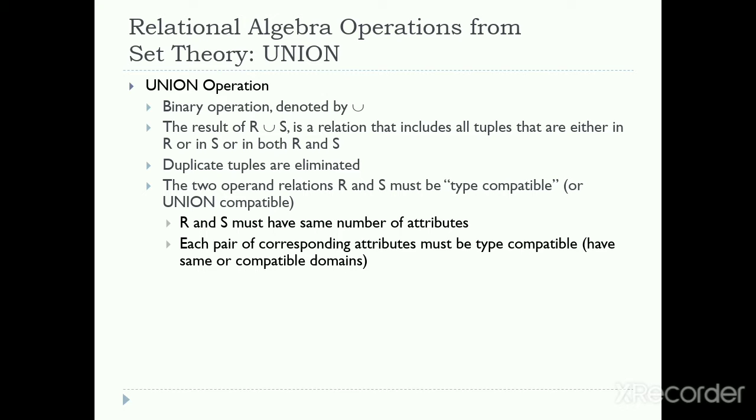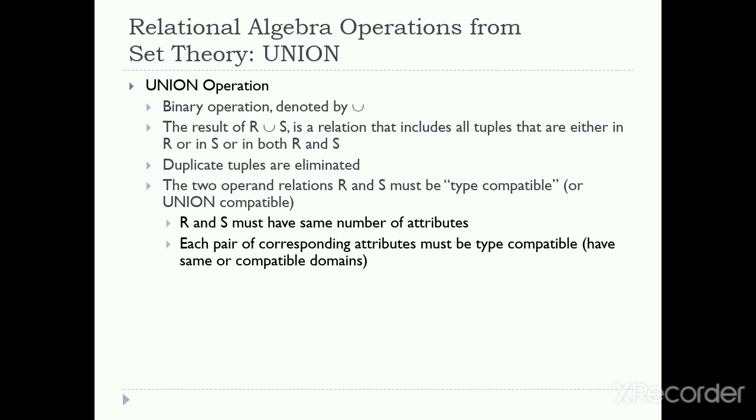The result of the union operation gives you a relation which includes all tuples that are either in relation R or in S or in both. When you take the union, the duplicate tuples will be discarded; it will not list the duplicate tuples.